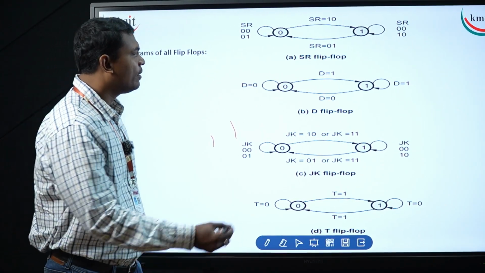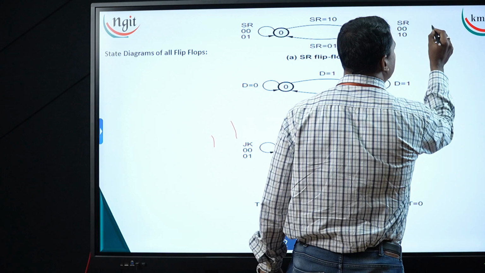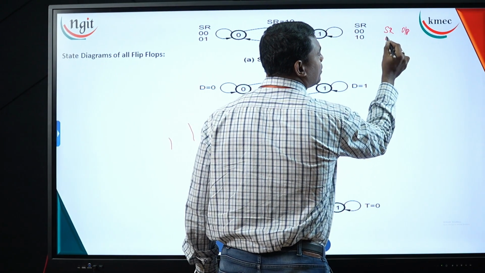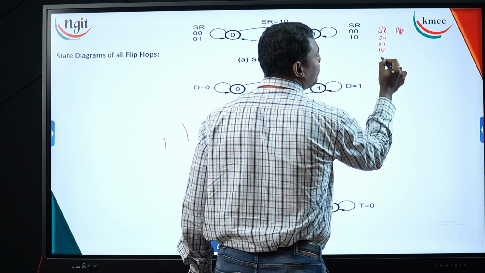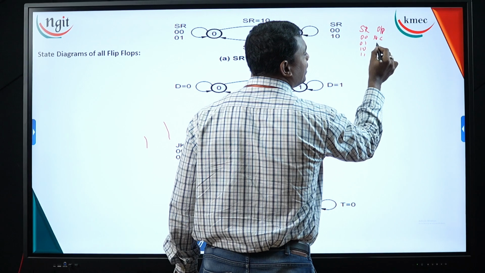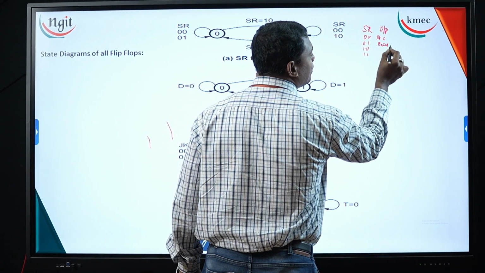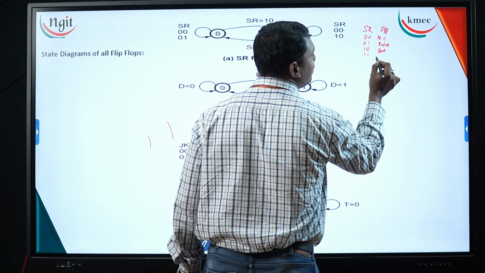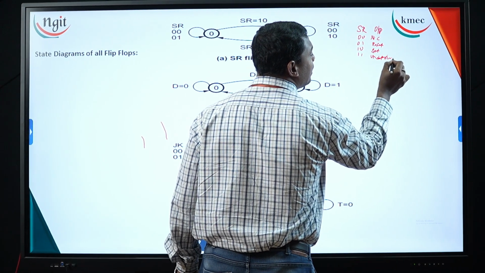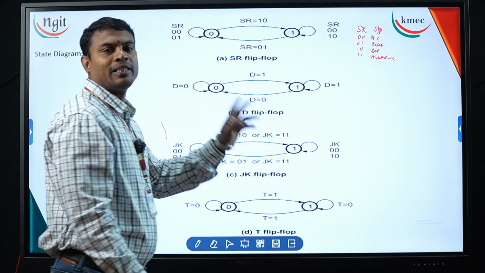You know the SR inputs as S and R, with values 00, 01, 10, 11. For 00 it is no change, for 01 it is reset, for 10 it is set, and for 11 it is undetermined.